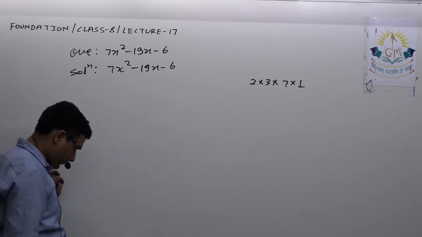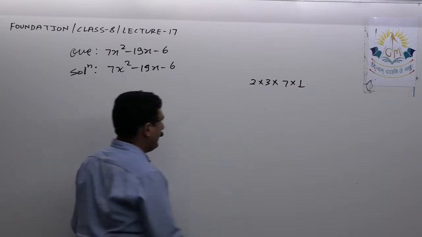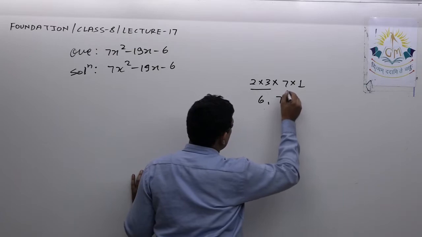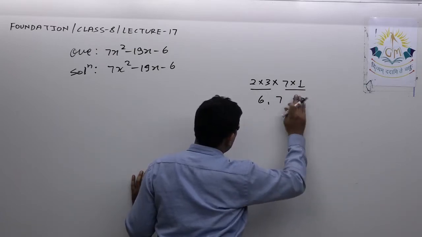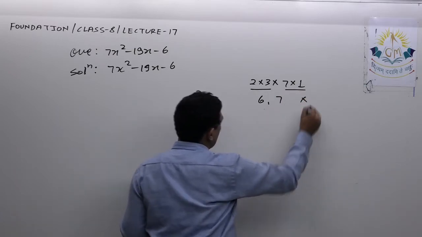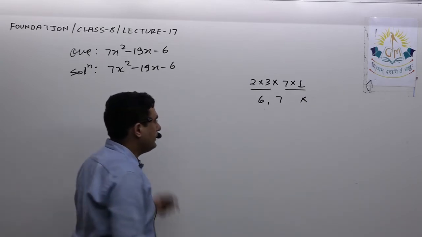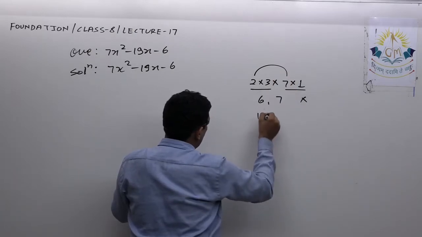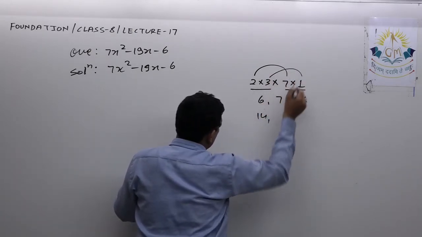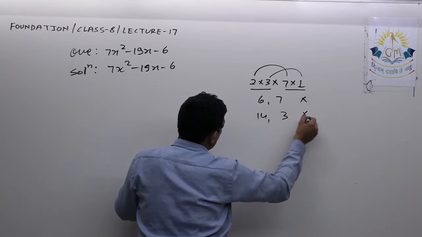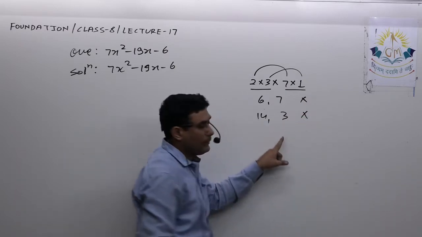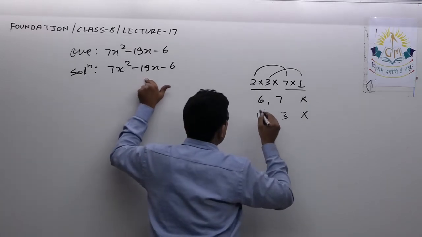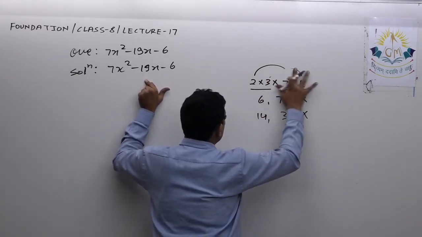Suppose I take this 2 and 3, that is 6, and 7. So their sum is 13, their difference is 1. So this is not the correct combination. Now if I say 2 and 7, that is 14, and this 3 and 1, then again it is not the correct option, because 14 plus 3 is 17 and 14 minus 3 is 11. In both cases I am not getting 19.